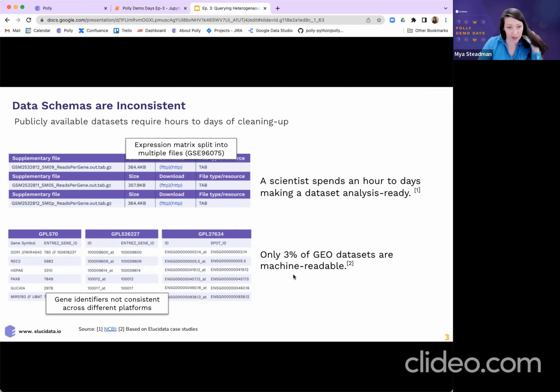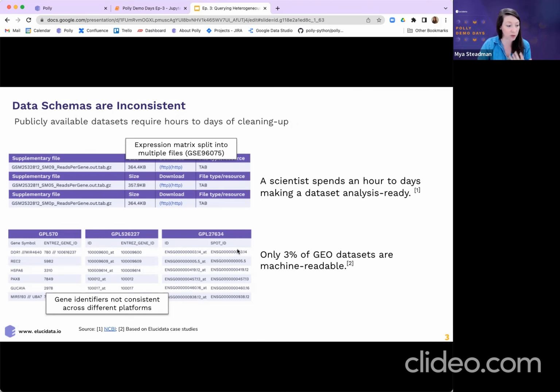And then on the bottom, we've opened up the data matrix and we're looking at what's inside that data matrix. In our row-level data, the gene identifiers are not consistent across 3 different data sets. If I wanted to compare study 1 to study 2, I wouldn't get very far because the gene identifier isn't the same.